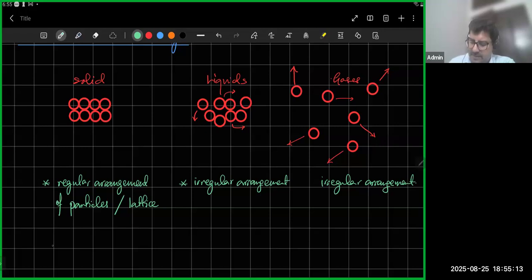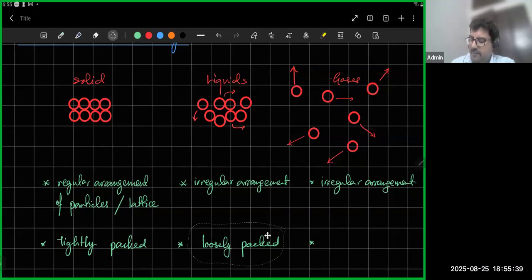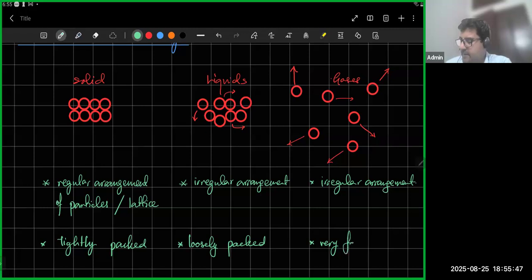Now, the distance between particles: this one is tightly packed. The next one is loosely packed. And the last one, they've got large distances between particles. Okay, so very far away from each other.